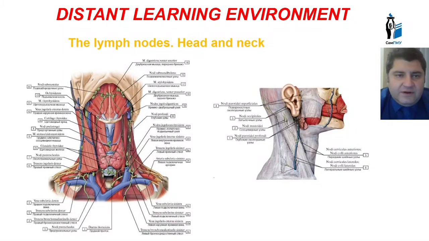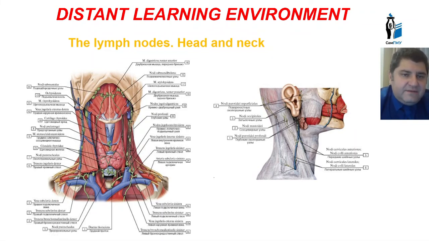Next, let's talk about head and neck lymphatic nodes. You may see superficial lymphatic nodes here, and you may touch on yourself the superficial parotid nodes, behind the auricle the occipital, mastoid, and also the deep parotid nodes. Next, let's see the inferior part of the mandible and oral floor. You may see submental nodes and submandibular nodes, and we can also touch them on ourselves.